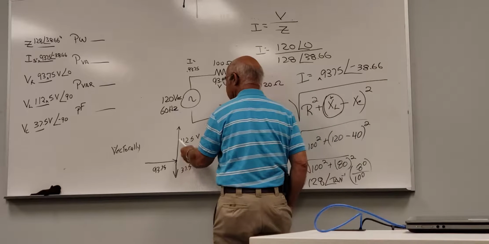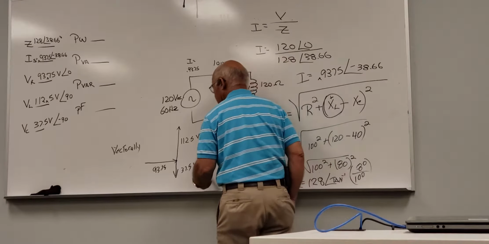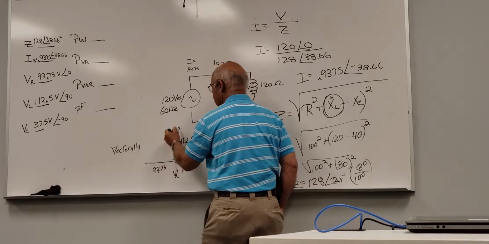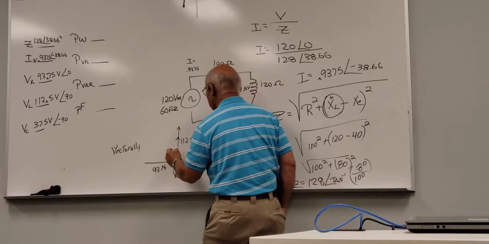So we can add these two up, get a resultant of 112.5 minus 37.5. That's 0, that's 5, that's 7. So the result here, adding these two together, is 75 volts.